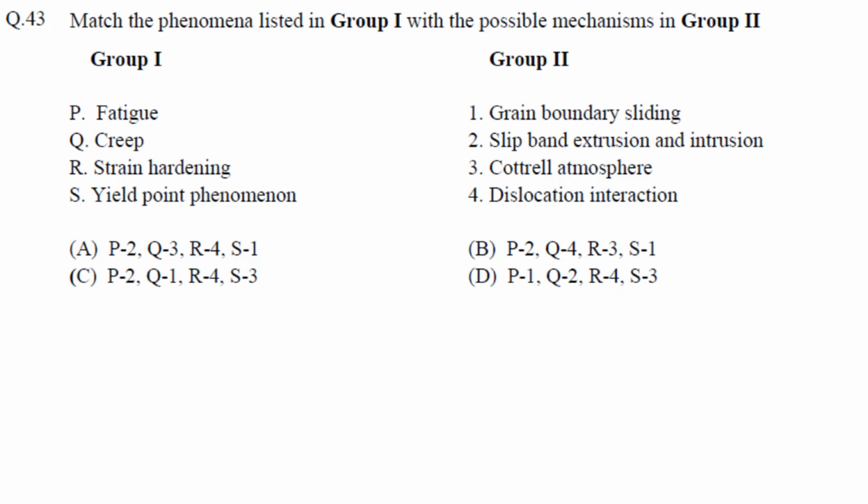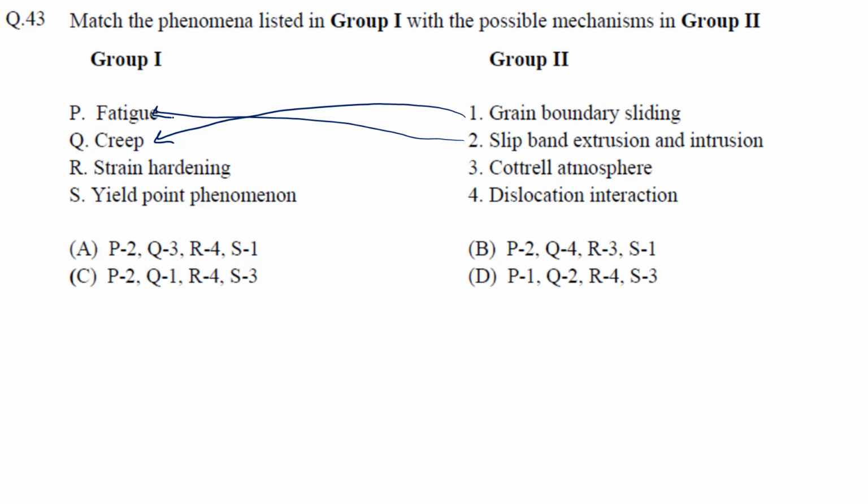So fatigue will match with, see in the right hand side, grain boundary sliding. We know grain boundary sliding happens in the case of creep, right? Then slip band extrusion and intrusion. The slip band extrusion and intrusion is formed in the case of fatigue.